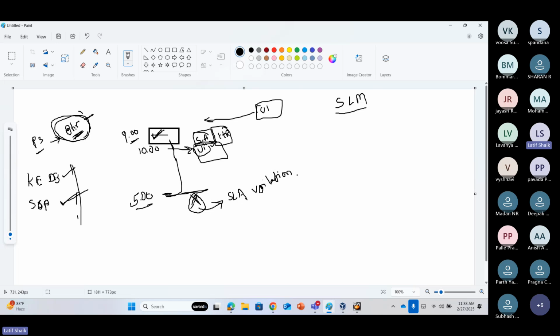So this is a particular user's request for VPN access. Please add his user account into the authentication RADIUS server or AAA server or Active Directory server, to access VPN. You send a request like that.